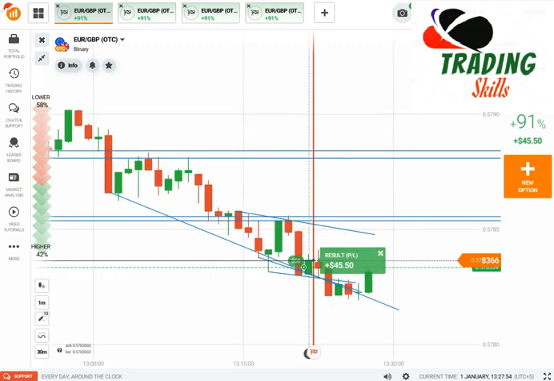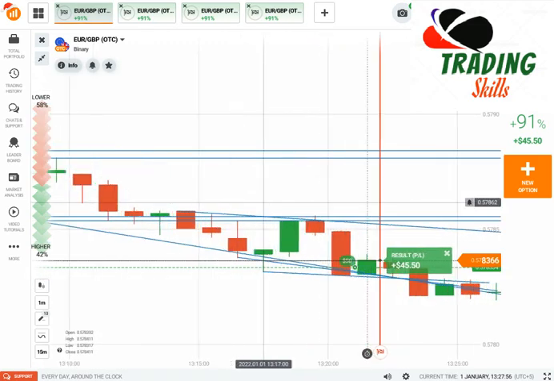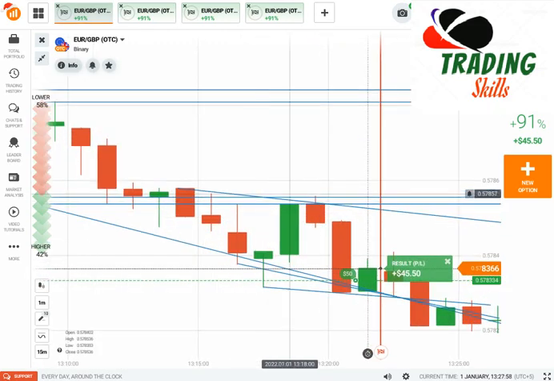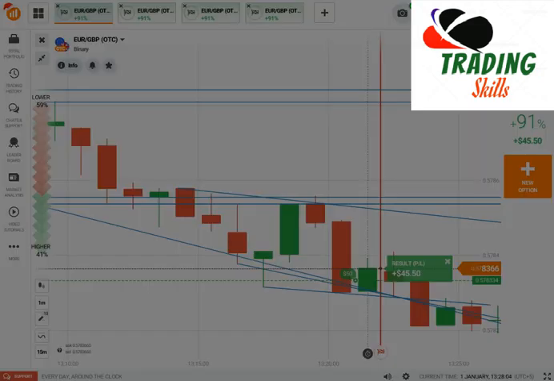Okay, so now you can see here this was my first trade. I took my trade here in an up direction. Why?